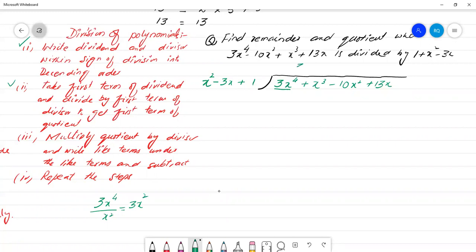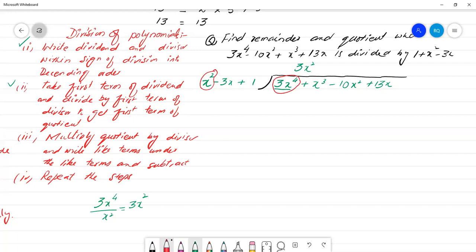So 3x square will be the first term of the quotient. You take the first term of the dividend and the first term of the divisor and divide. After division, that answer you have to put in the place of quotient.